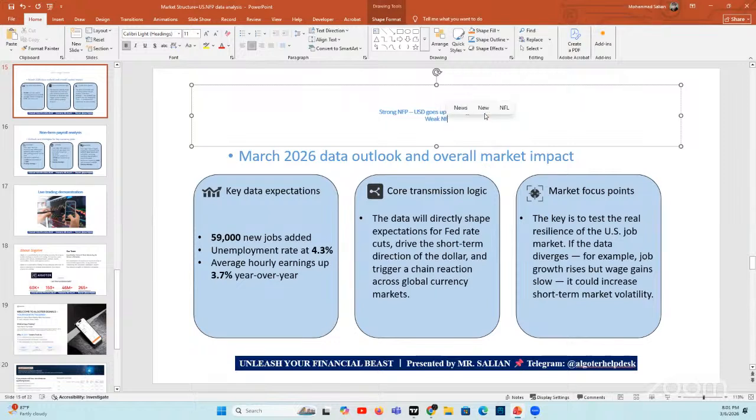Weak NFP, USD goes down, and that time gold goes up. Reverse.